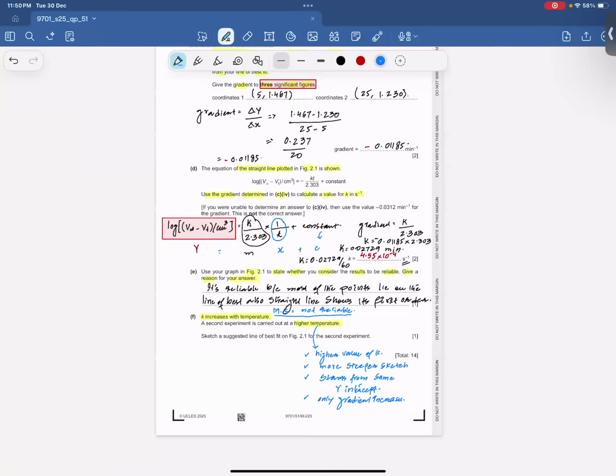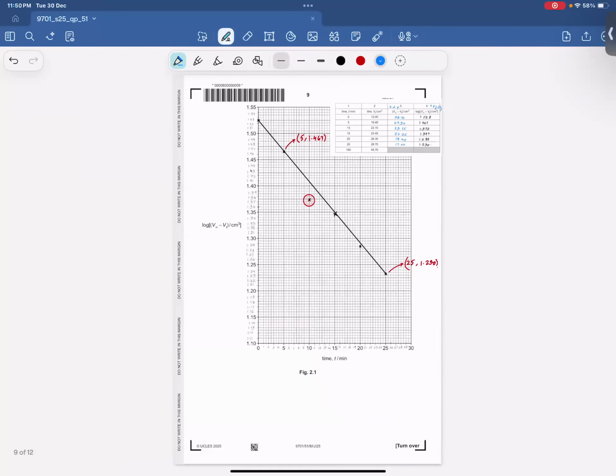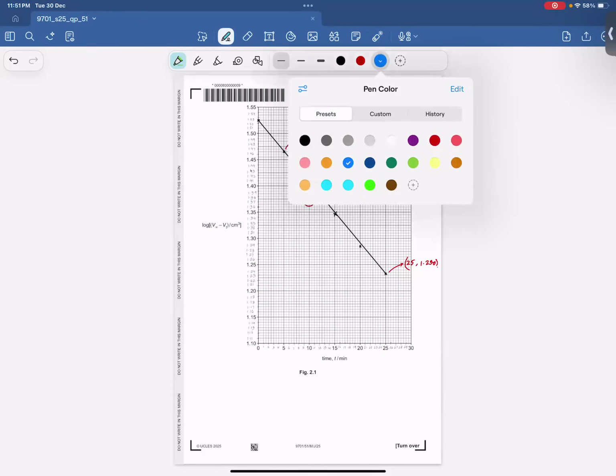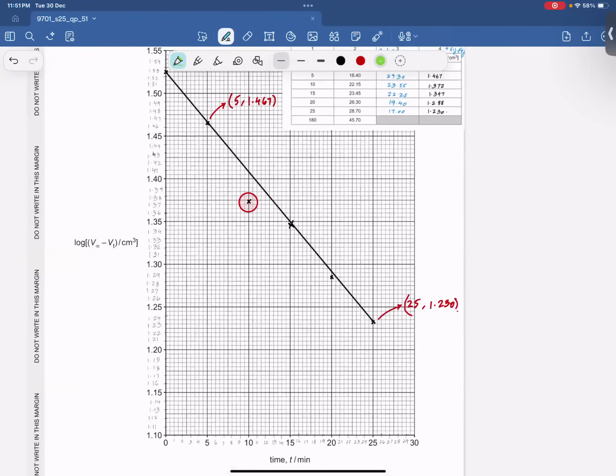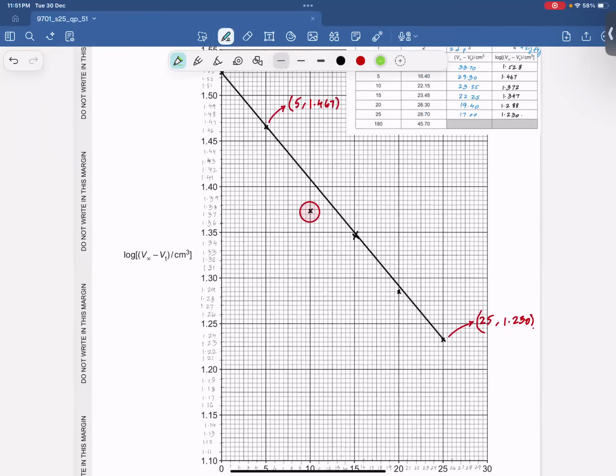So what we can do here is the same intercept, 25.